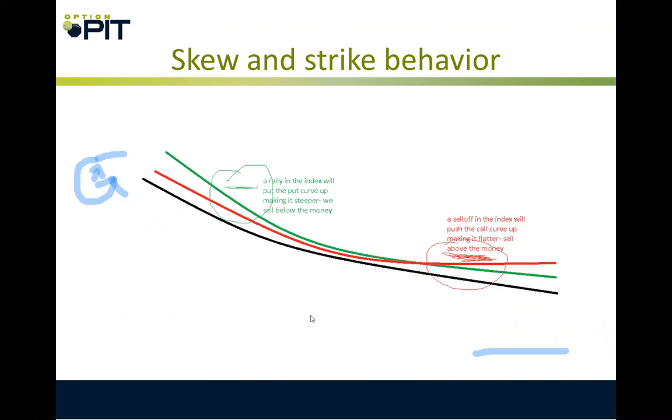This is when the index rallies hard, so we're going to start at the black line. That's the close of the day before. If the index rallies really hard, because it rallies so hard so fast, it creates a huge gap from where we open to where we are.